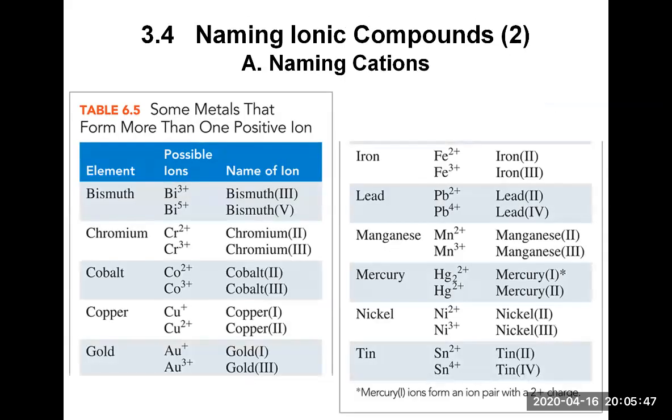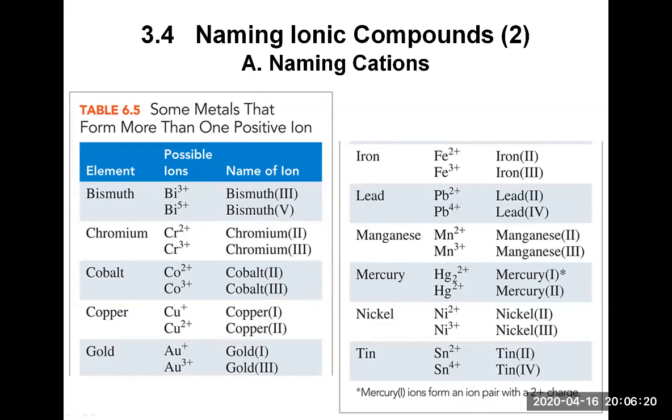These are examples of common variable charge metals. Most of them, as I said, are transition metals from the B groups. But there is also bismuth, a metal from group 5A, and tin and lead, which are metals from group 4A. These are A groups, not B groups, but they are also variable charge metals.